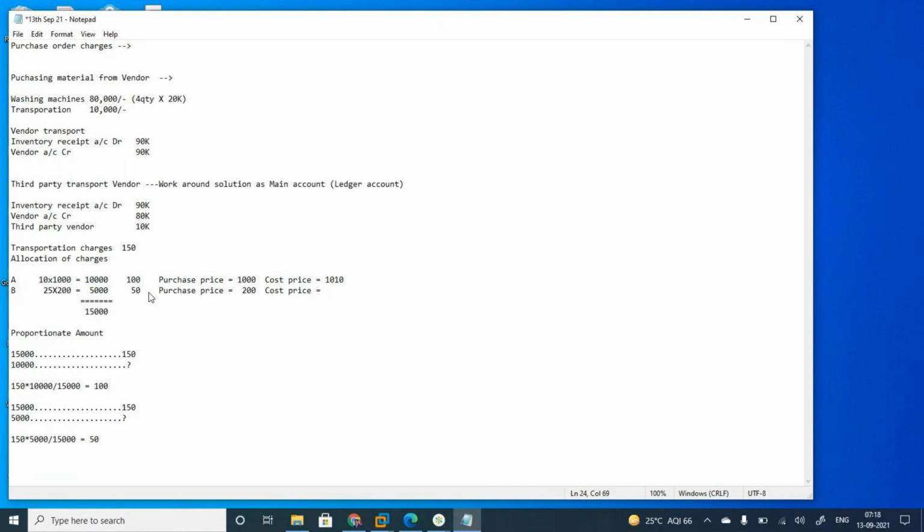Can anyone guess? 202. Clear? Any doubt in this? This is the proportionate amount, which in the system is called net amount.